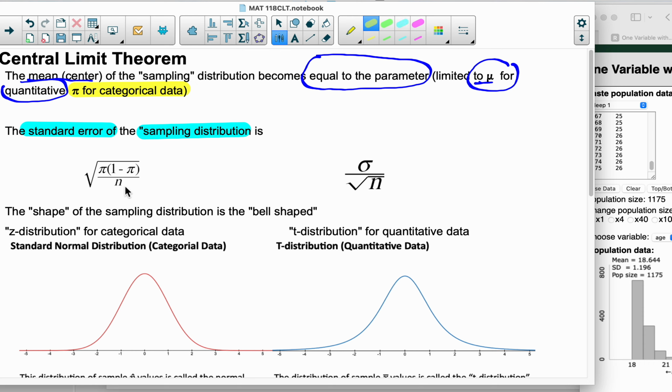If we're talking about categorical data, this is what we're looking at for the spread, or the standard error, or the standard deviation of the distribution. If we're talking about quantitative data, the spread of the distribution is sigma divided by the square root of the sample size.